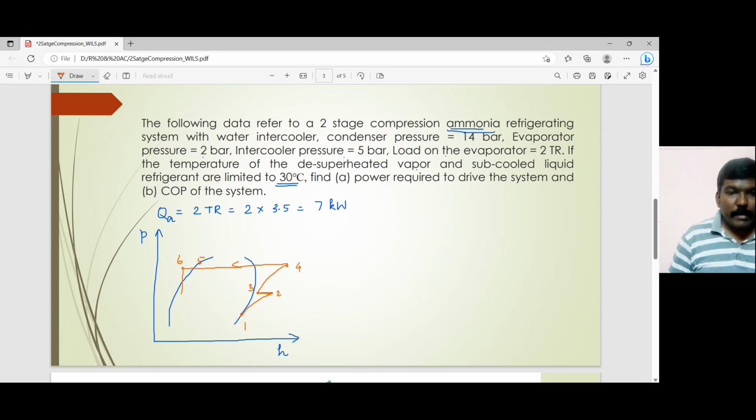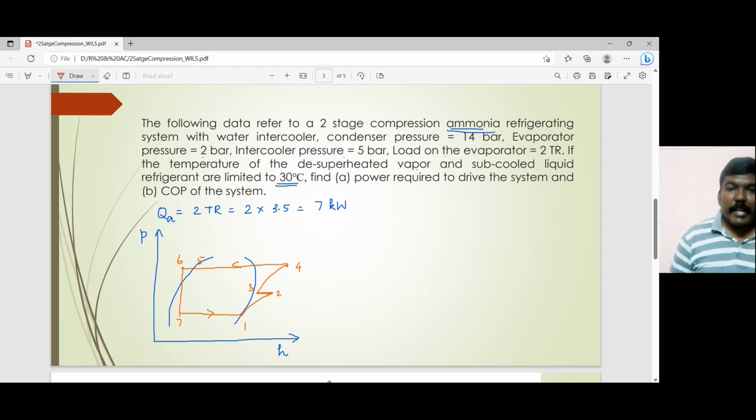And then in the expansion valve, you expand it to 7. So 7, 1. Sorry about that. This is supposed to be a horizontal line. 7, 1 is your heat extraction in the evaporator.